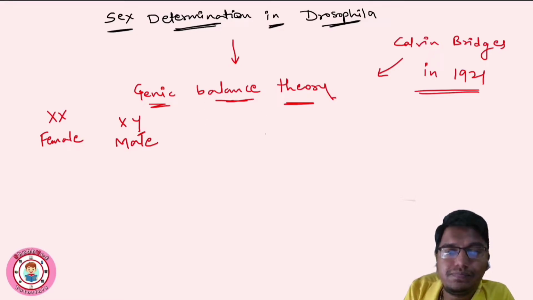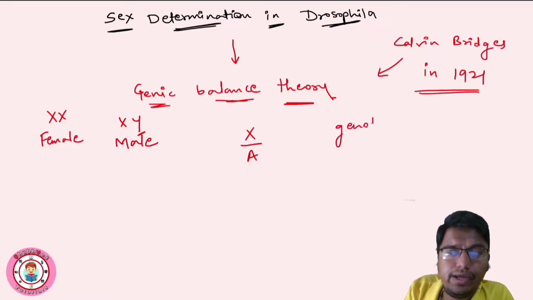So what determines the sex here? It is the ratio of X chromosomes to autosomes. This is known as genic balance. The balance of the autosomes and X chromosomes decides the sex of the Drosophila. So this is basically dependent on genotype.